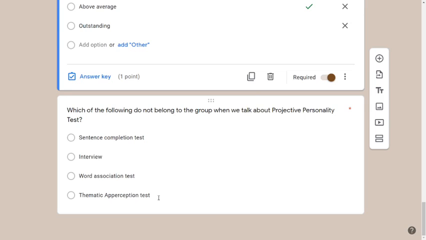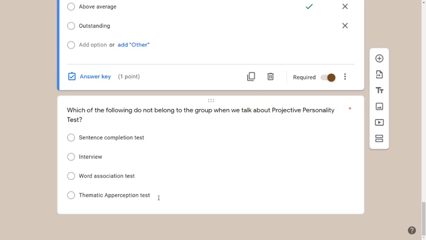The next one is word association test. It's actually a technique in psychology, used before in doing research. If you're familiar with Boy Abunda, he has used this technique when he does his interviews in ABS-CBN. He would give a word and ask the participant to give the first thing that comes into their mind.